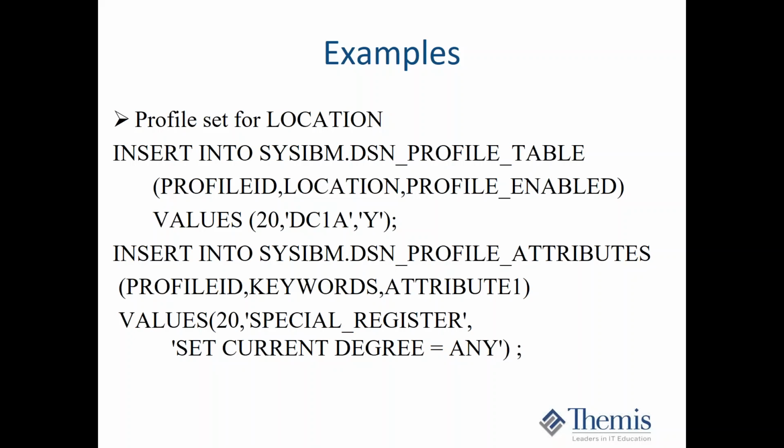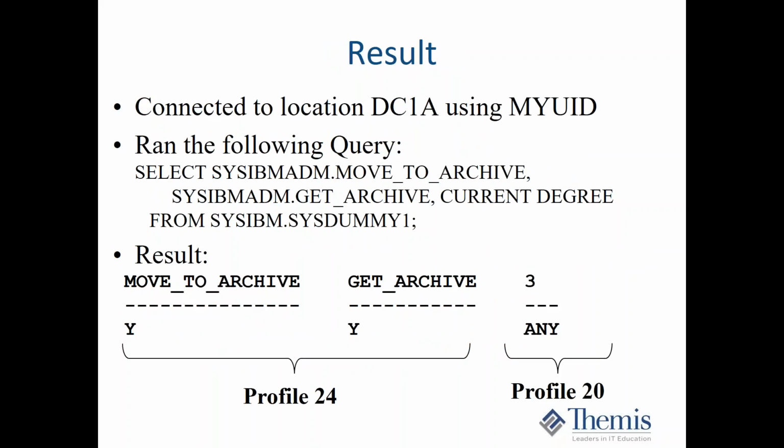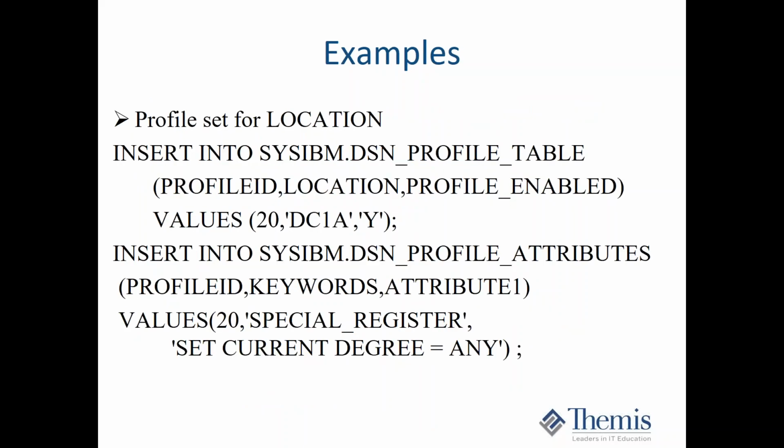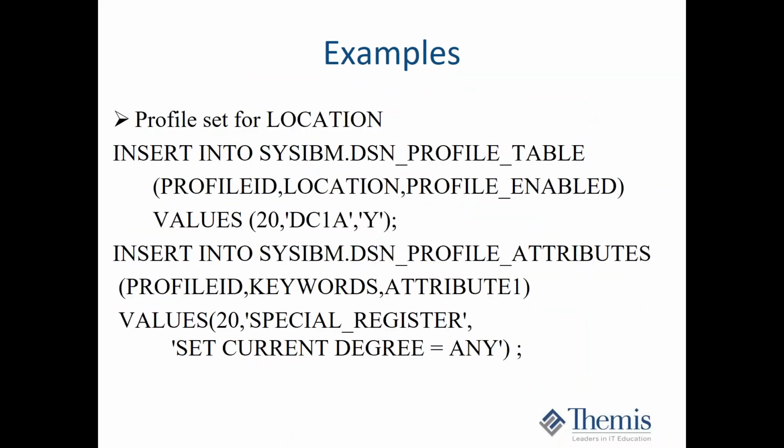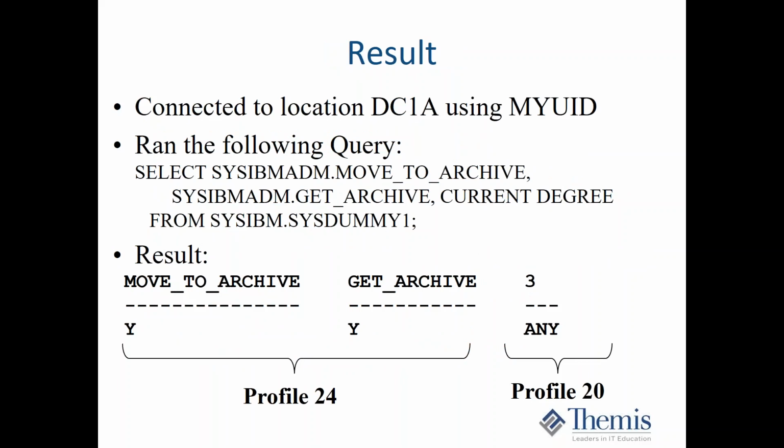A little extra CPU, but I decrease elapsed time. Now, please note, DC1A, when I come in under my user ID, I connected through the DC1A location, which happens to be the location of my Db2 subsystem in the Bootstrap dataset, my location name.